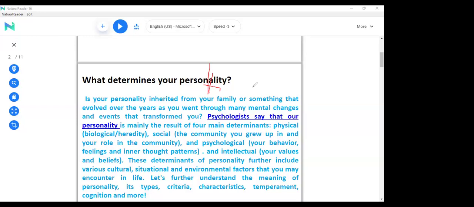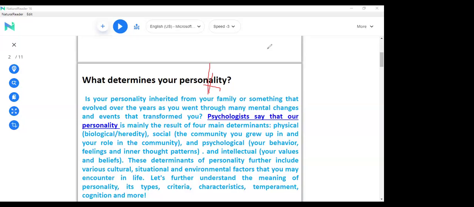Now, my dear student, first we have to identify what are the factors, what is the background of personality. Sometimes we call them determinants, or topic-wise concepts. But first we have to get an idea about what the determinants of our personality are.